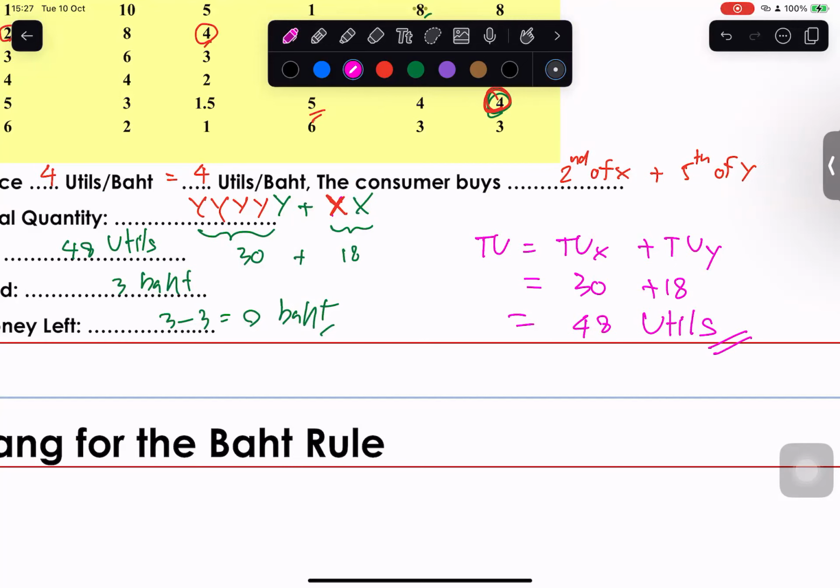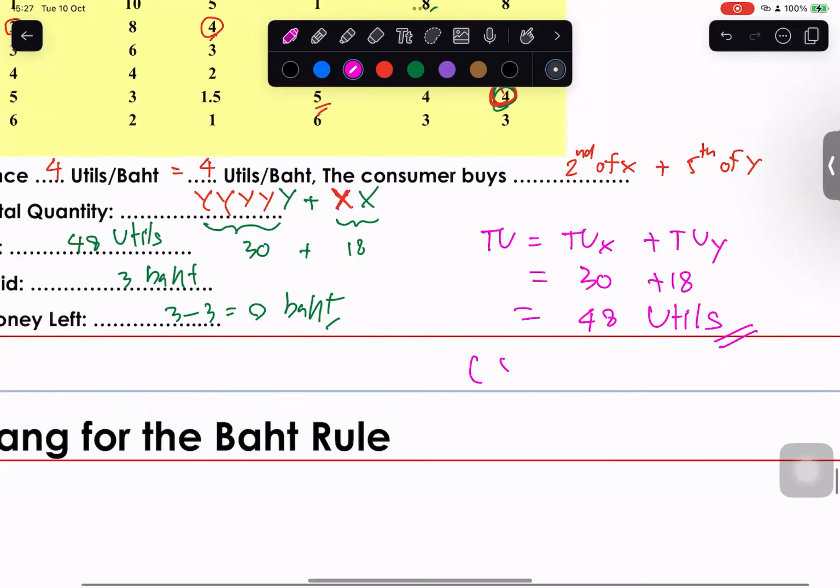Okay. And the basket that we found, this solution, is buy 2x plus 5y, which gives the maximum of TU, equal to 48 utils.